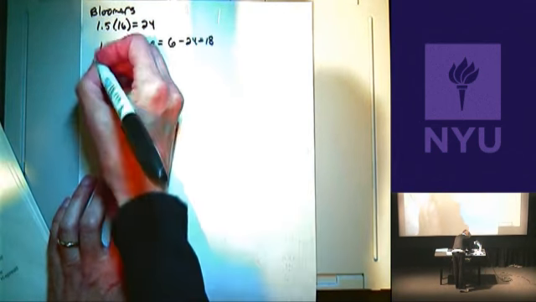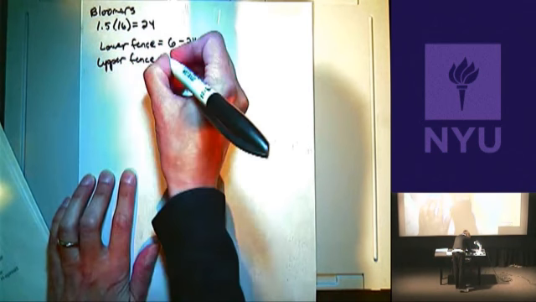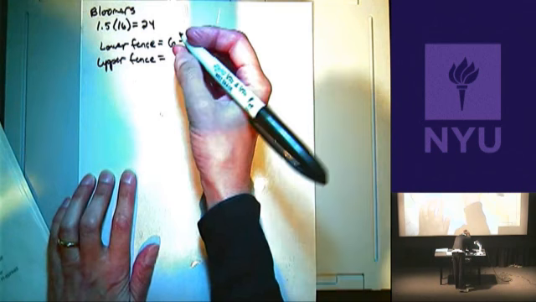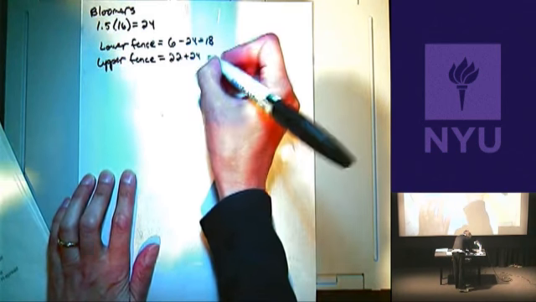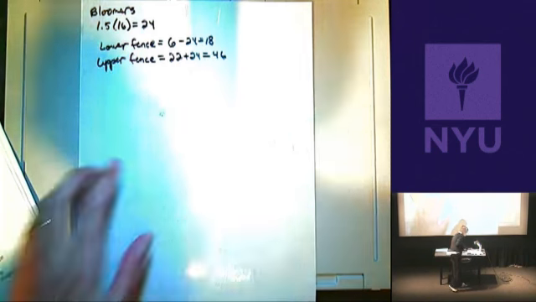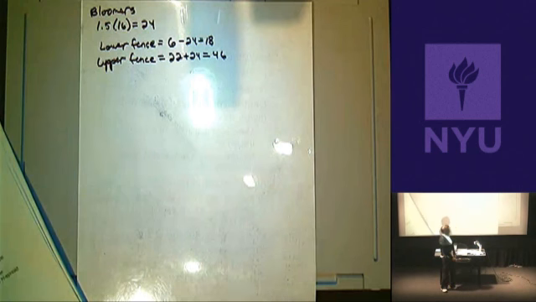And then the upper fence equals, what was the upper hinge? 22. So those are the inner fences for the bloomers.